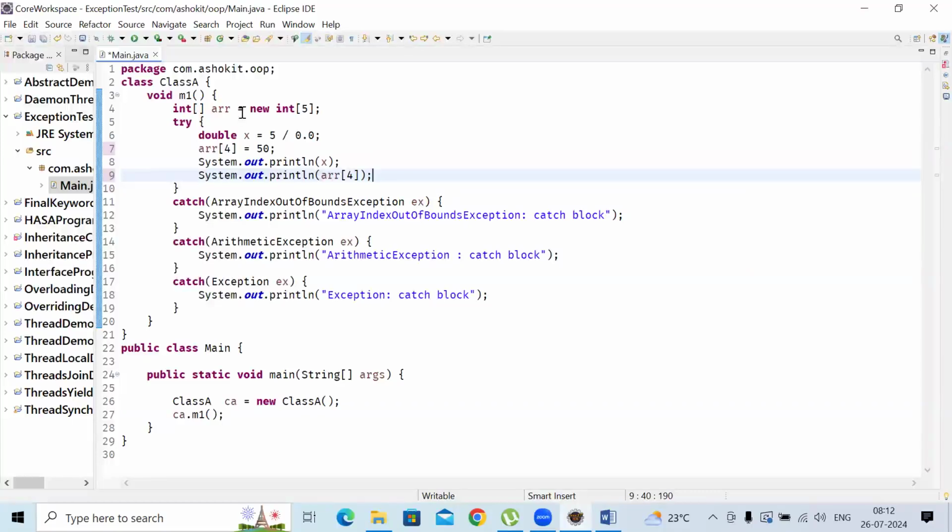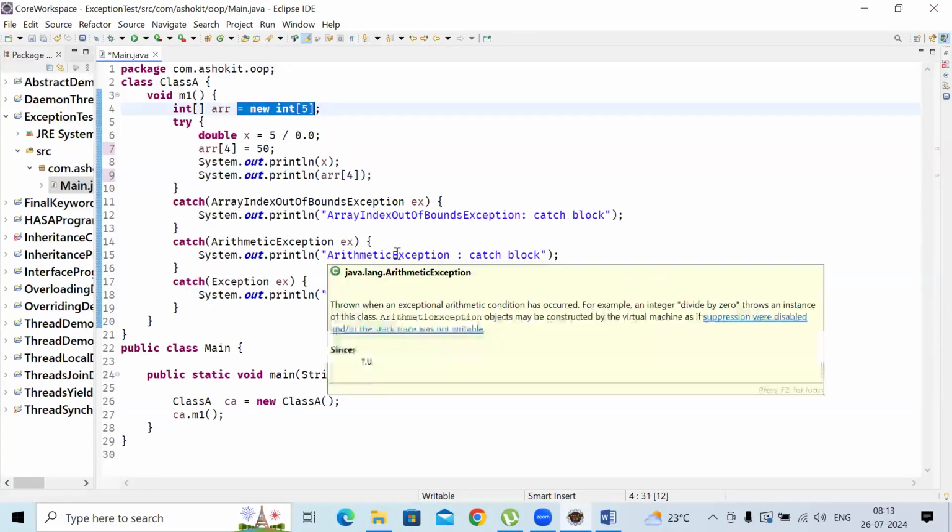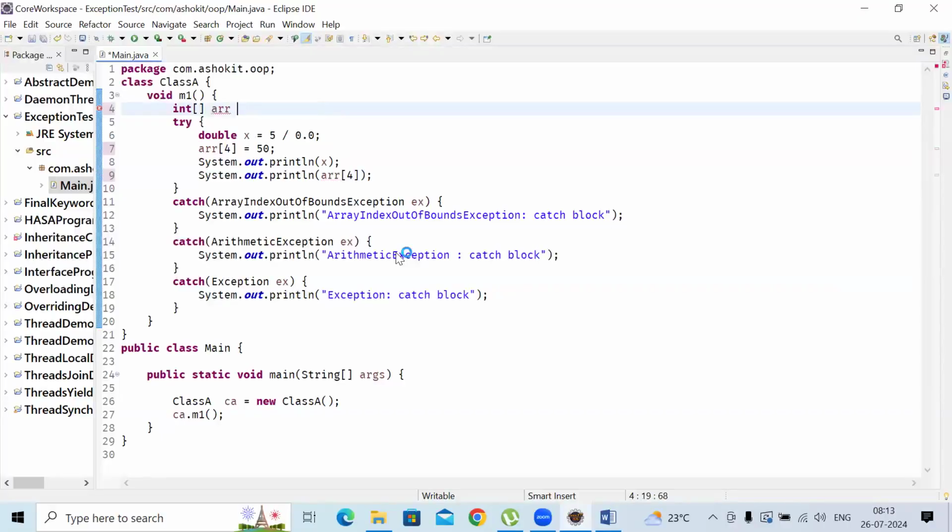Now look at this. I'll remove new int[5] from the right side. Okay, this time I'm getting an error. arr[4] = 50 means I'm getting a compile time error at line number 7 and line number 8. So I will keep new int[5].